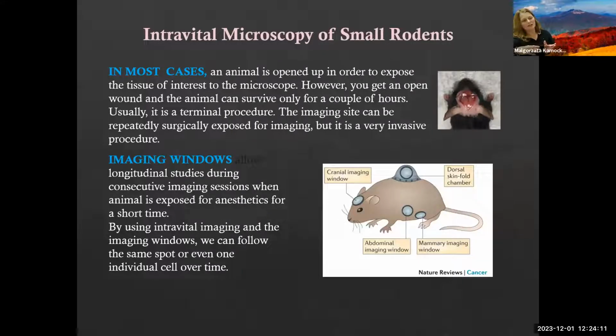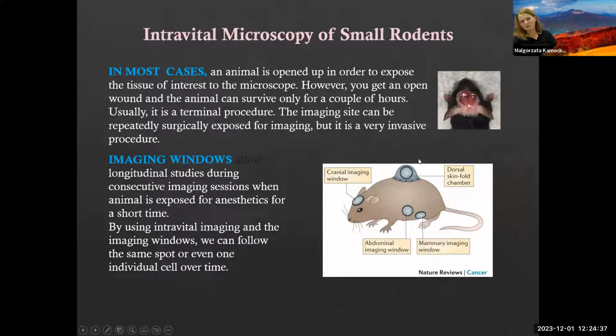There are techniques of imaging windows, which have been quite popular for longitudinal imaging studies. And there are some of them which we've actually used in our facilities. There is a cranial imaging window. We tried it for the bone marrow imaging of calvarium, but it's also used for the brain.